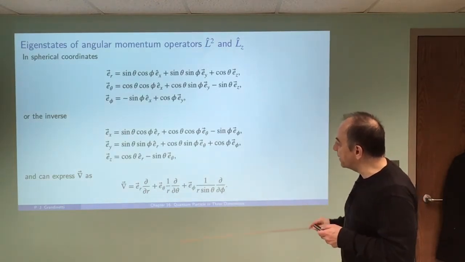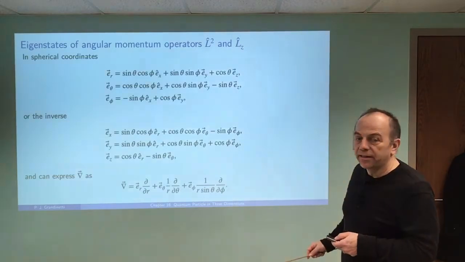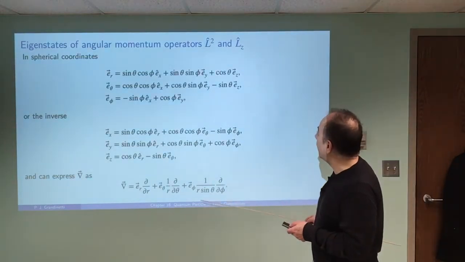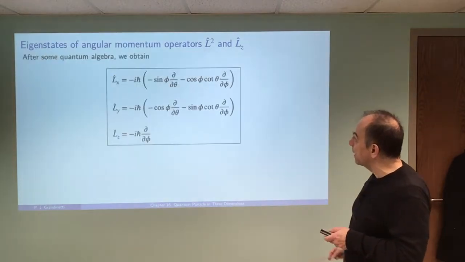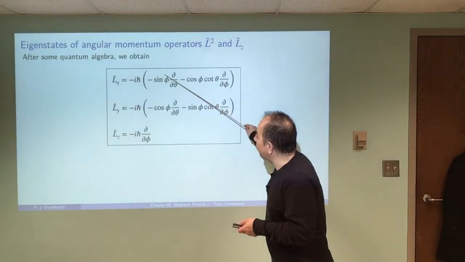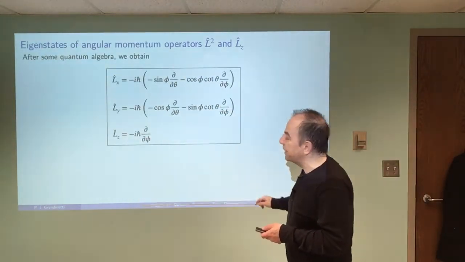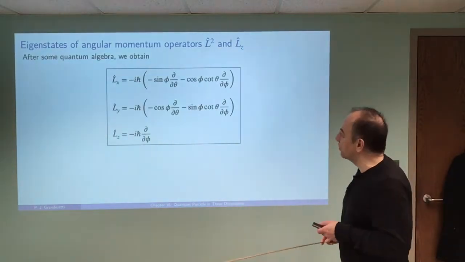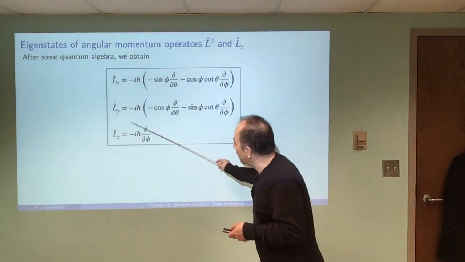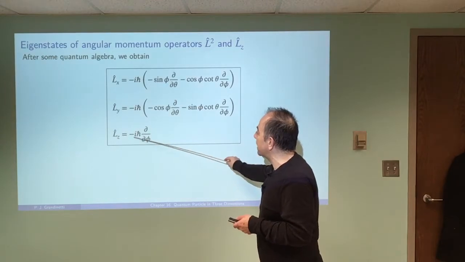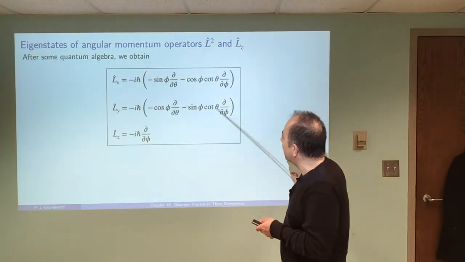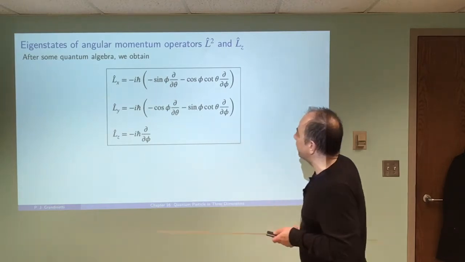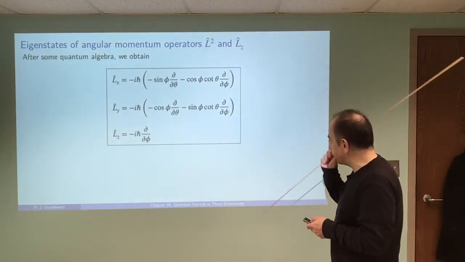So armed with this, let's look at what the components of the angular momentum operator, the Lz component and the L squared component, look like. Here's what we have for Lx, Ly, and Lz, and I'll leave this for you to derive. The simplest one of these is just Lz, which is minus i h bar times the partial with respect to phi, whereas Lx and Ly depend on both theta and phi.